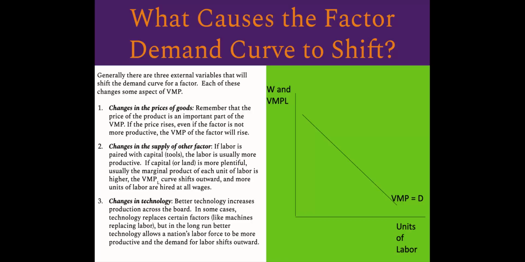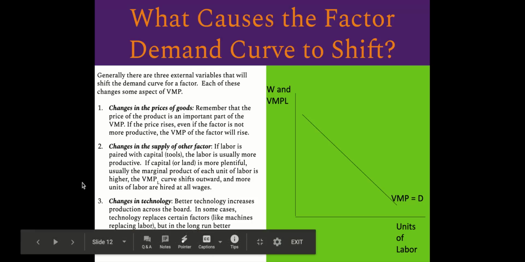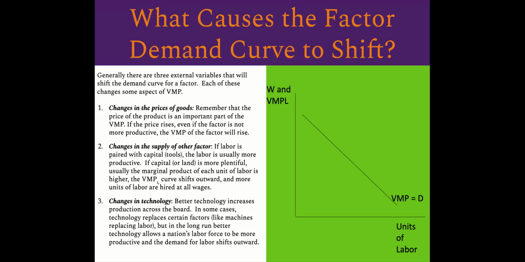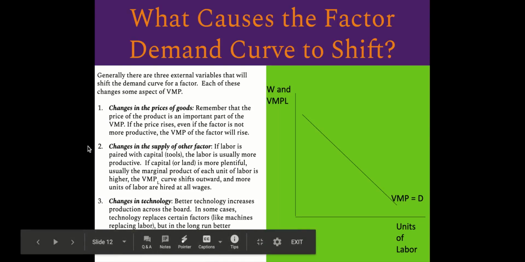Maybe some of the machines break. If you're working at a pizza restaurant and one of the ovens breaks, your worker can't be as productive. So their marginal product is going to go down, and therefore your VMPL is going to go down. That's what this second thing is: usually we pair workers with tools, or with land and resources. The third thing is technology.